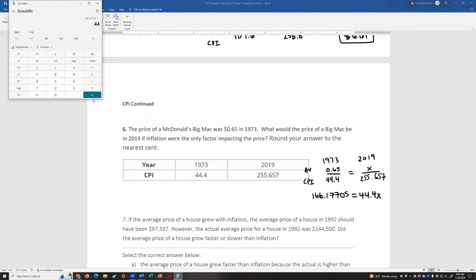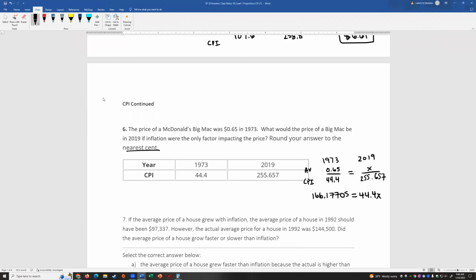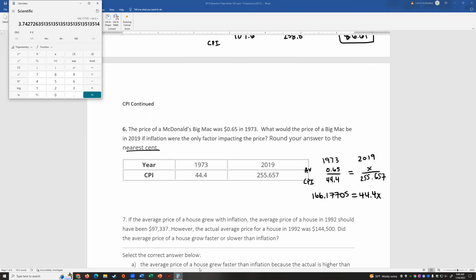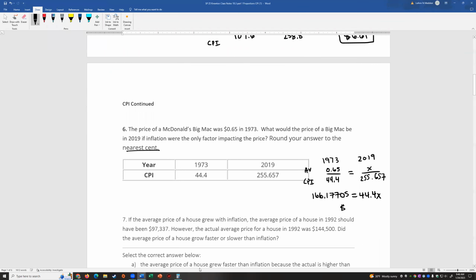Divide by 44.4. And I'm going to round to the nearest cent like they have here, because it also tells me on this one. That'd be 3.74. So $3.74 now for that Big Mac, if the only thing that happened was we followed inflation.